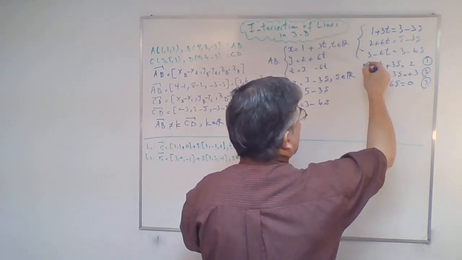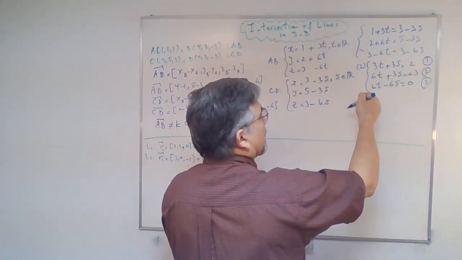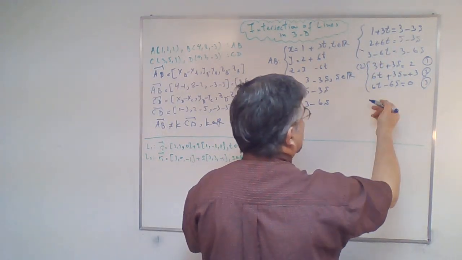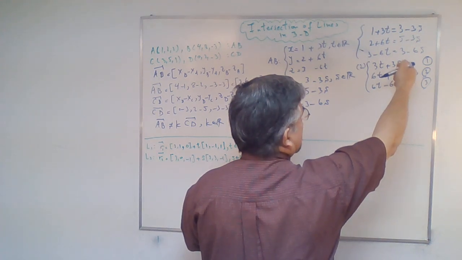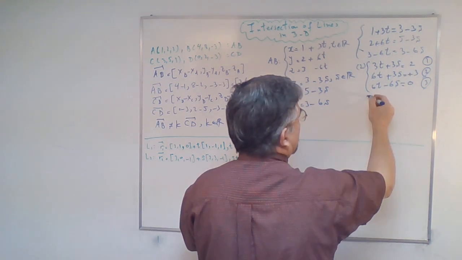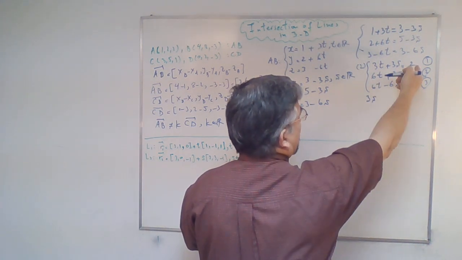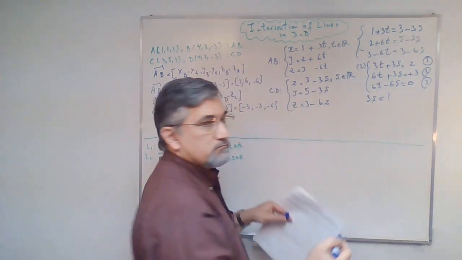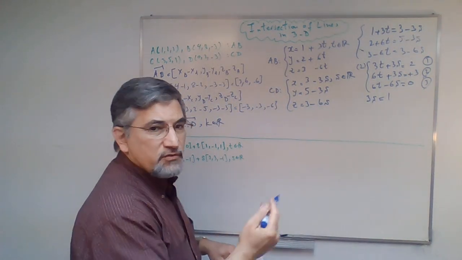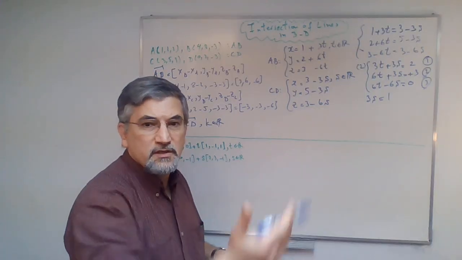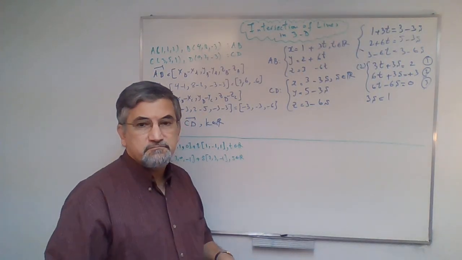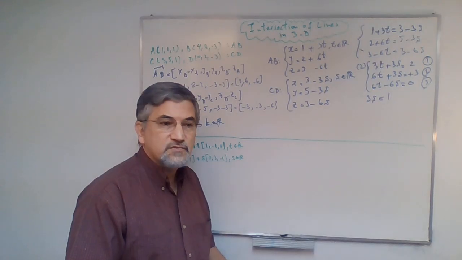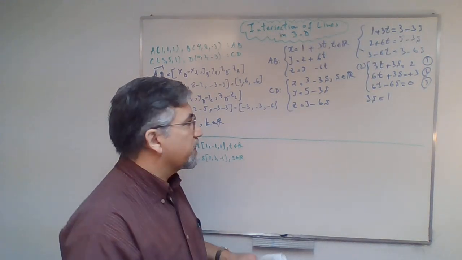Okay, so I'm going to multiply the top equation by 2, and then I'm going to subtract the equations. So I get 6t minus 6t is just 0, and that will be 6s minus 3s, which would be 3s, and that will be 4 minus 3, which would be 1. Okay, we're doing advanced math here. I'm not going to show you those basic steps that we used to do like 3 years ago.